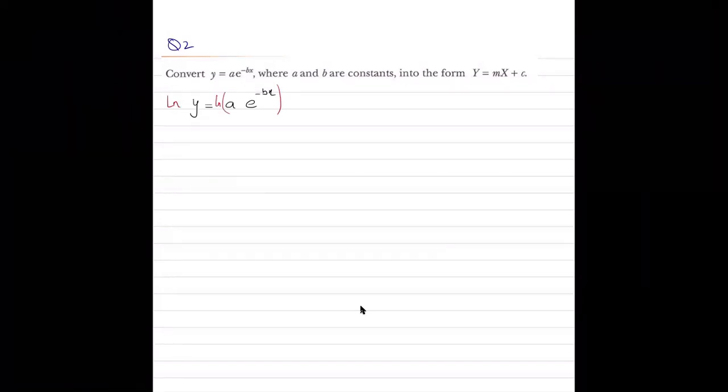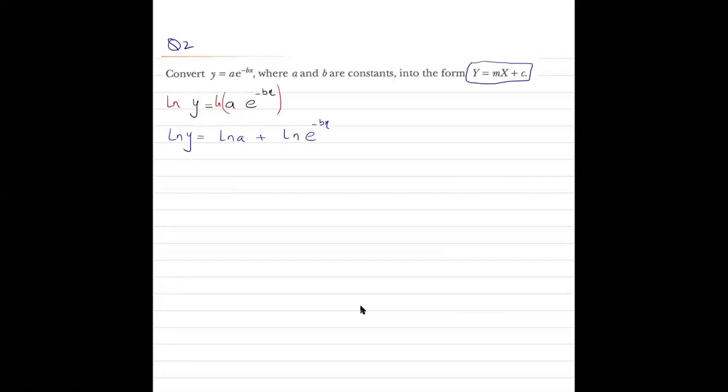Now, if you have ln of two numbers being multiplied, what did the product rule say? So ln a plus ln e to the power minus bx equals to ln y. Now, please remember that you need to rearrange this in this form, y equals to mx plus c form.